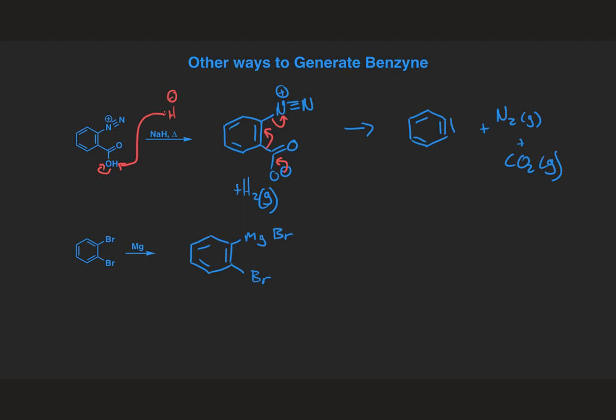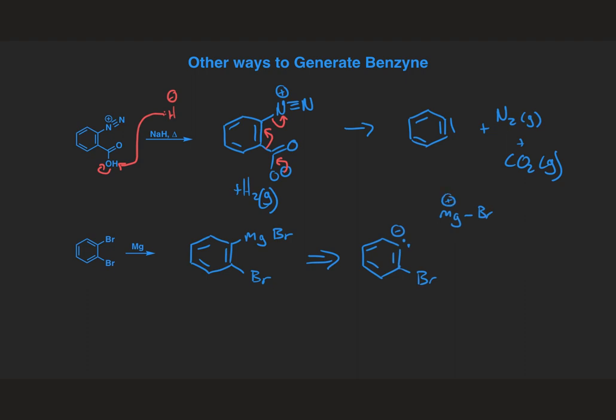And remember that we can really treat a Grignard reagent or an organomagnesium as if it reacts as a carbon minus, and then this MgBr plus is floating around.